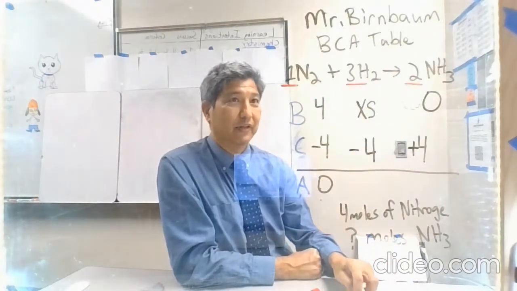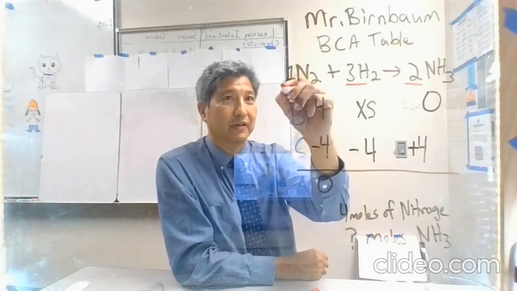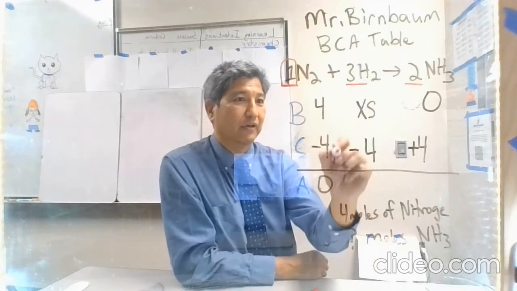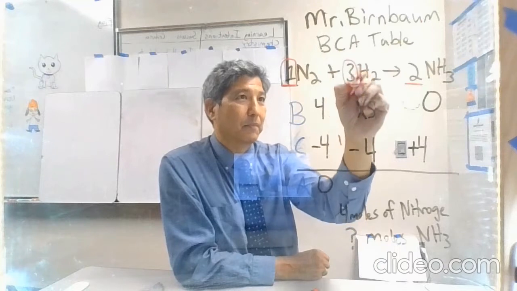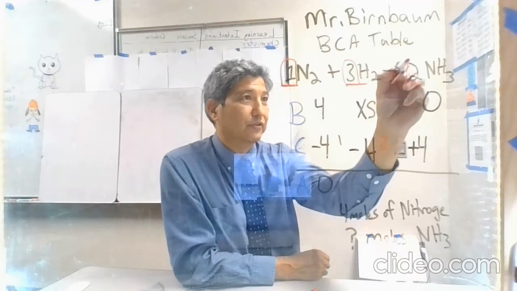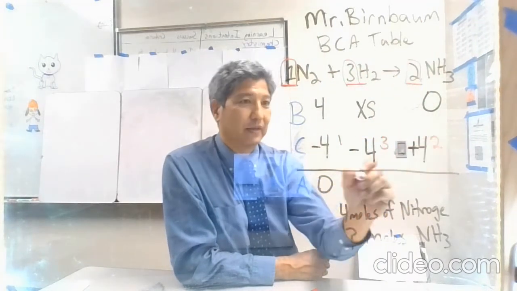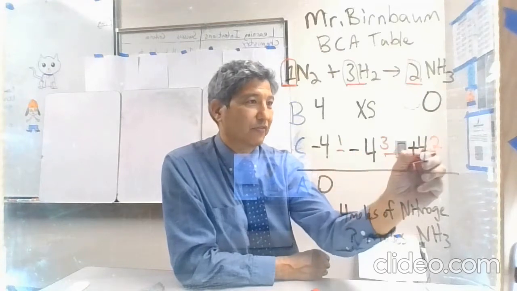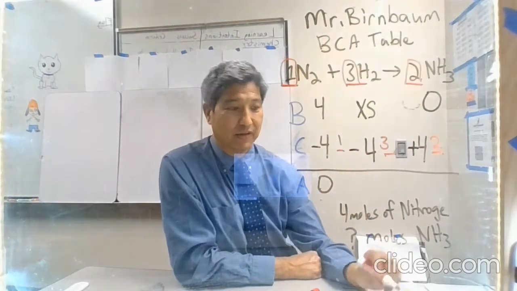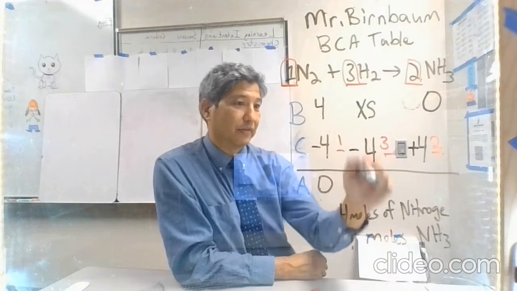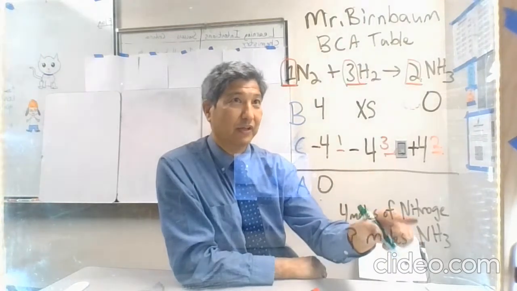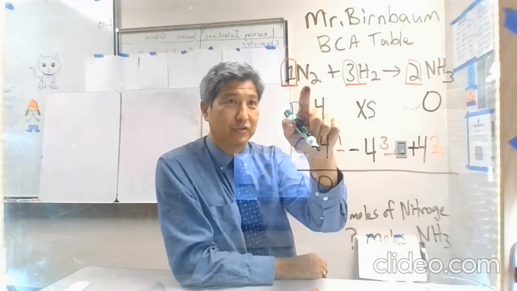Well, the way I can do that is I'm going to take the numbers that are in front here, the 1, the 3, and the 2, and I'm going to write this as a fraction because these are proportions. Since we're doing nitrogen, everything's based on our nitrogen.